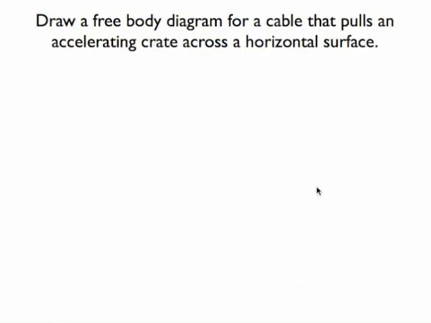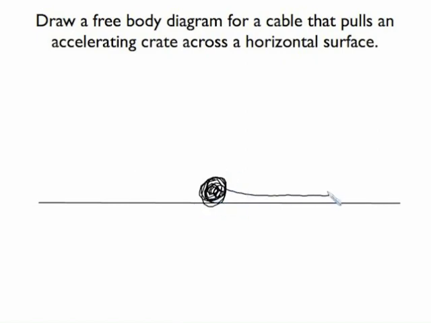For this one, our crate is going to be accelerating across this surface. So I'm going to go ahead and draw my crate. Okay, I'm going to draw my applied force. I'm going to say that my velocity is in this direction. I'm going to draw a short frictional force.